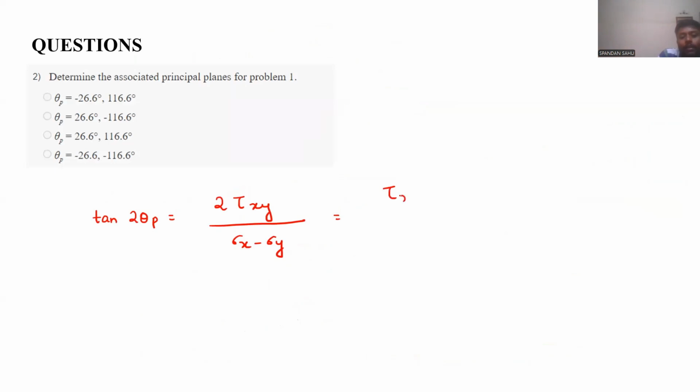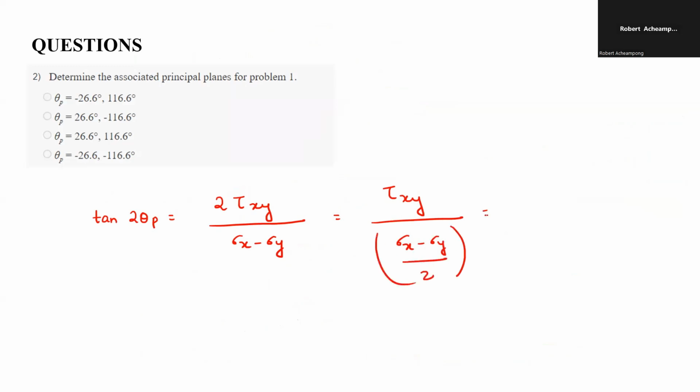This can be written in a different form also. We know tau xy to be 40 MPa. Sigma x minus sigma y by 2 was 50 plus 10, 50 minus of minus 10 is 60, by 2 is 30. So it is 4 upon 3. So we are getting tan 2 theta p.